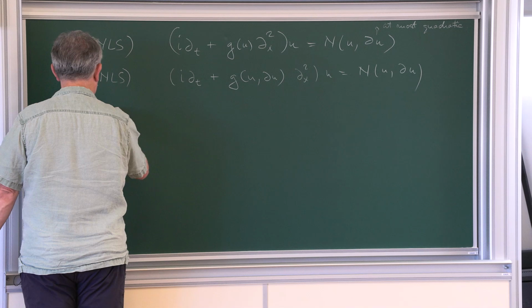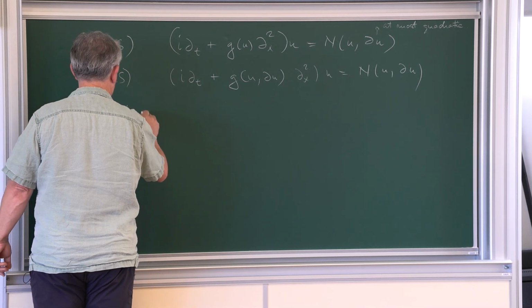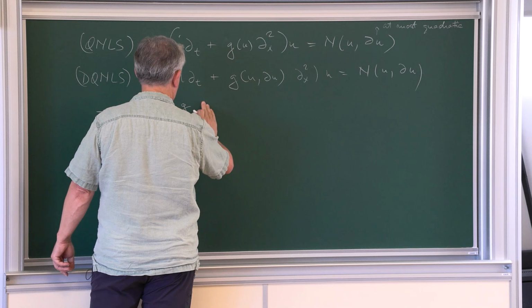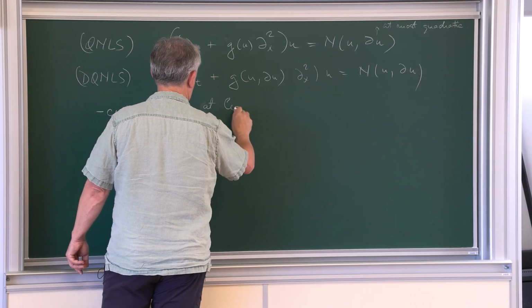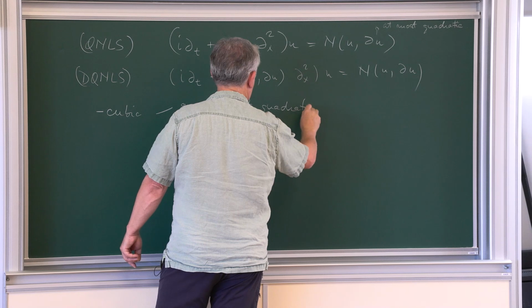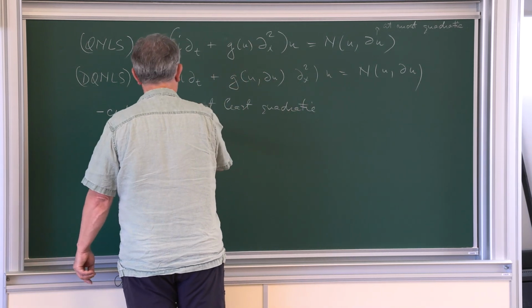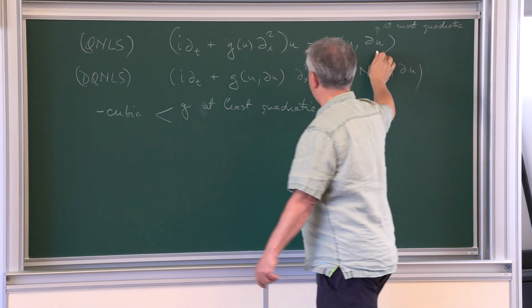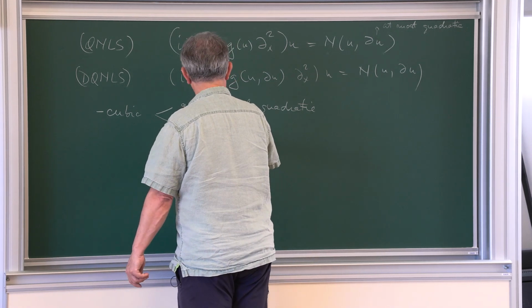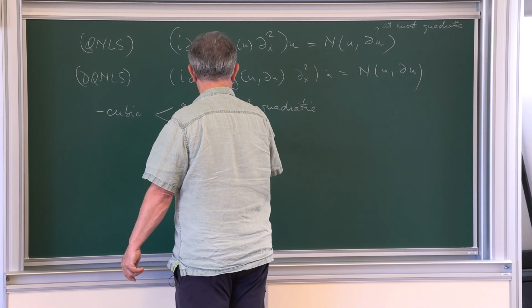We want to say that the problem is cubic, and that has two parts. G has to be at least quadratic, and then this nonlinearity N has to be at least cubic.